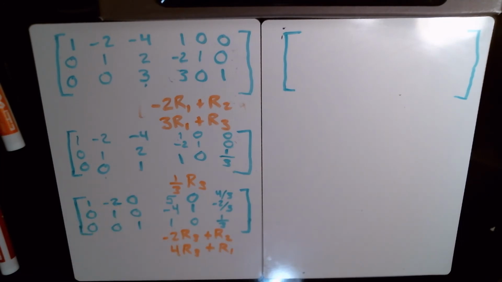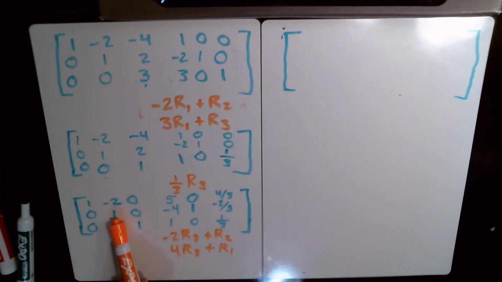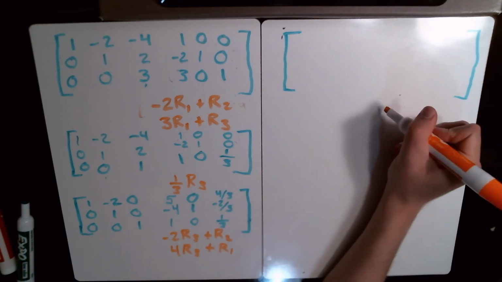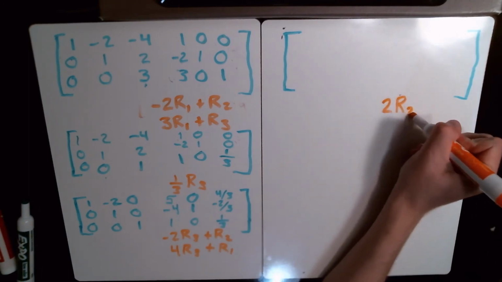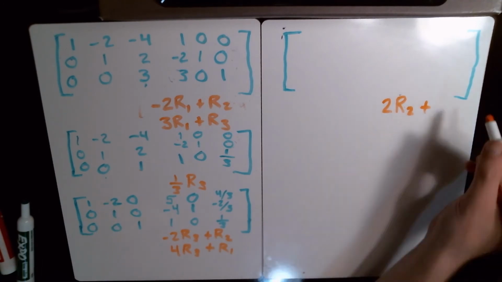Okay, so to get rid of that -2, I'll use my 1. I need to times it by 2. Right, so I'm going to do 2 times row 2, and then I'm going to add it up to the first row.